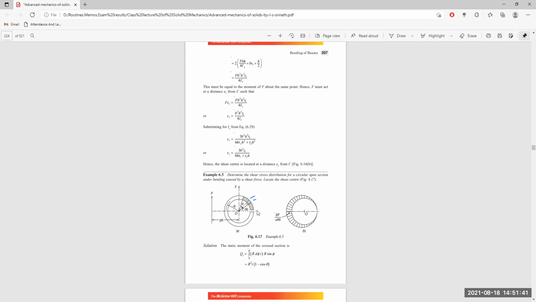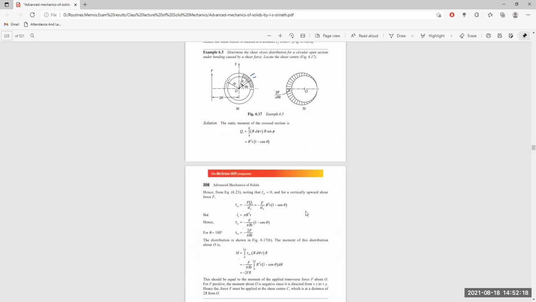So the Qz for this section is equal to the cross section area of the section multiplied by its height distance from the center itself. We are integrating the whole from 0 to theta, from here to theta itself. We'll have R square into t into 1 minus cos theta, because the integration of sine phi is minus cos phi. If we put the values 0 and theta, one term will be 1, another will be minus cos theta.